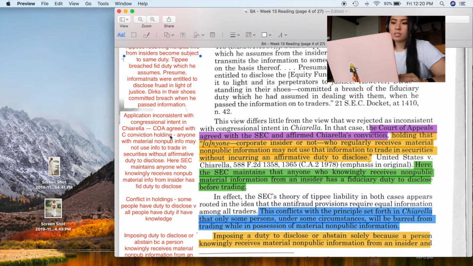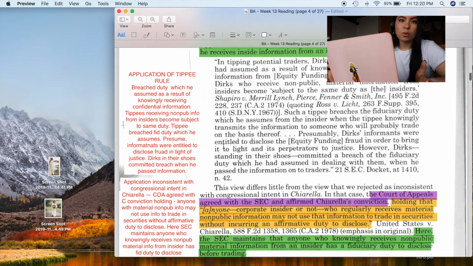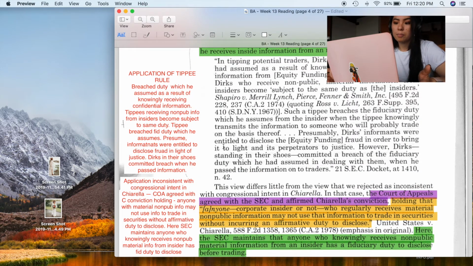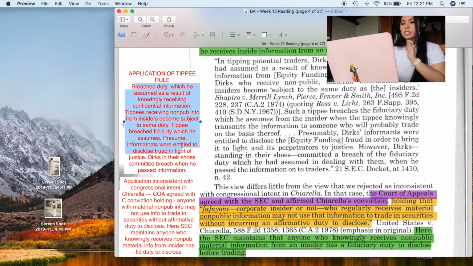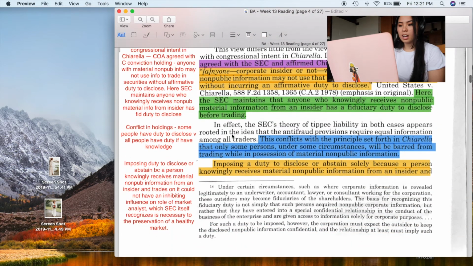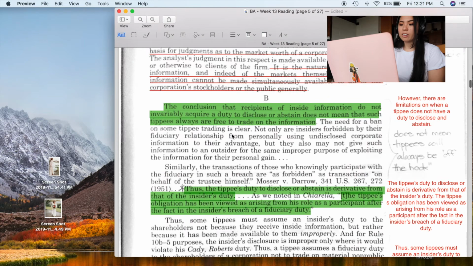If he asks me how the lower court applied the tippee rule that the SEC stated, I would know to read this right here, because I have it spelled out, application of tippee rule. And that's just what you do throughout the entire reading.